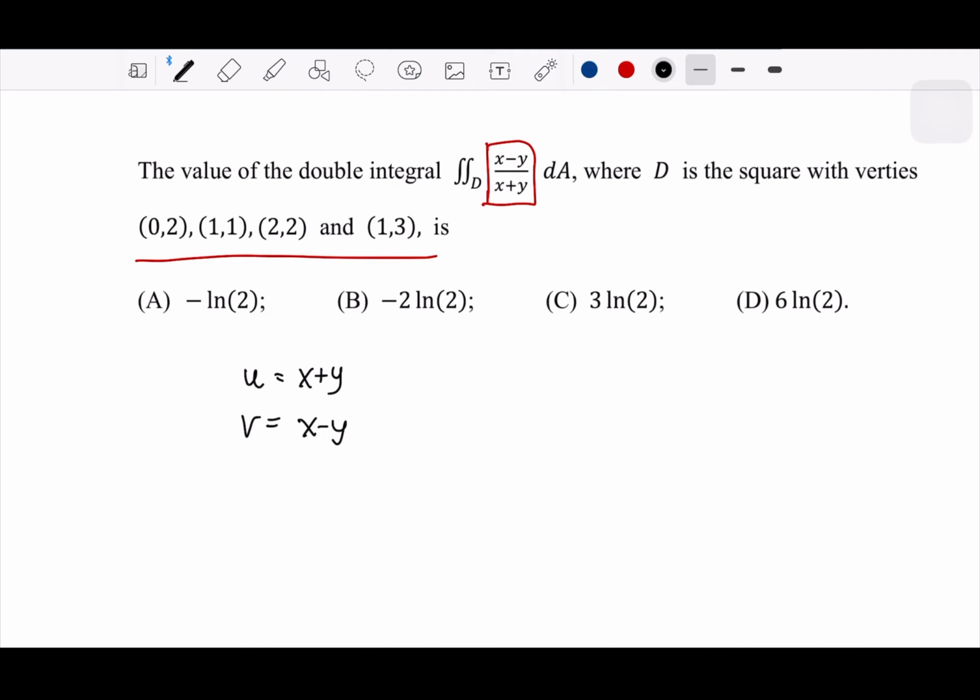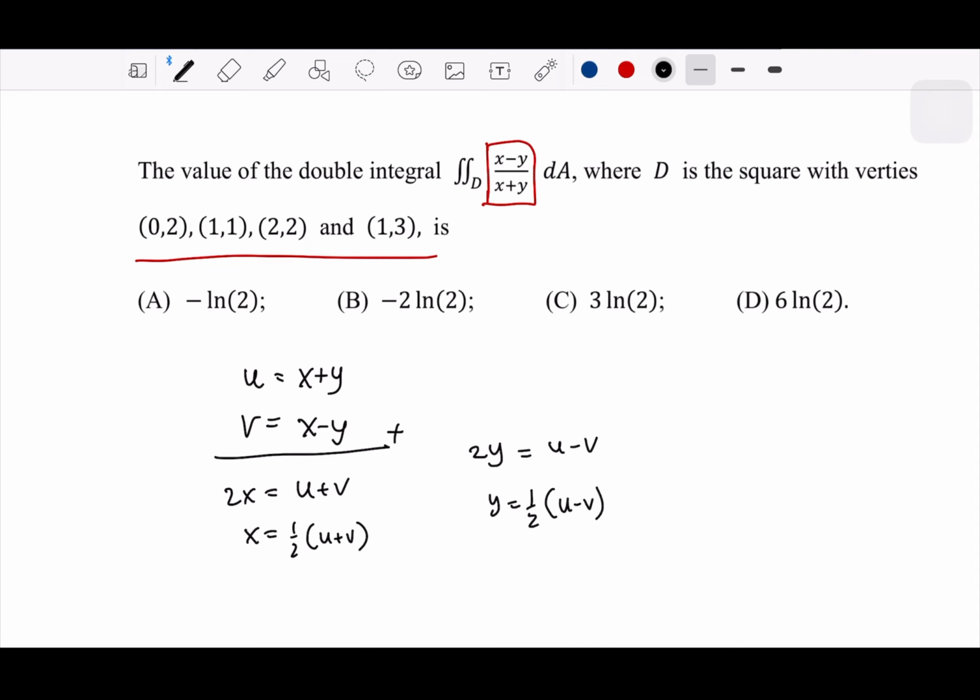We add these to make 2x equals u plus v, so x is half of u plus v. Then subtract to make 2y equals u minus v, and y is half of u minus v.